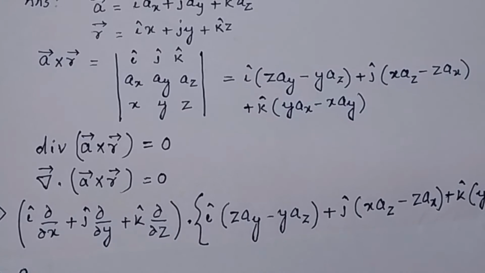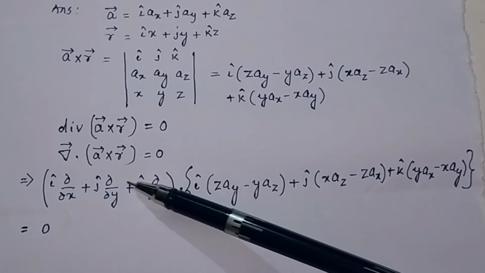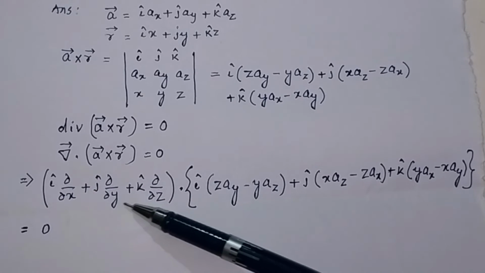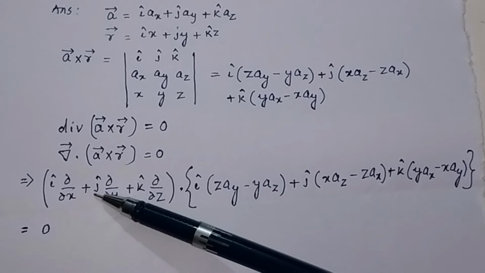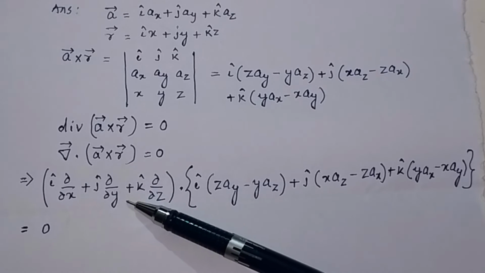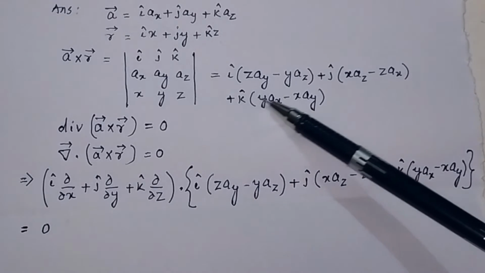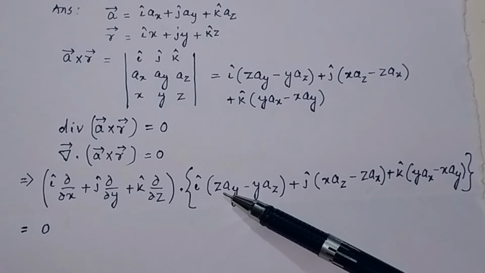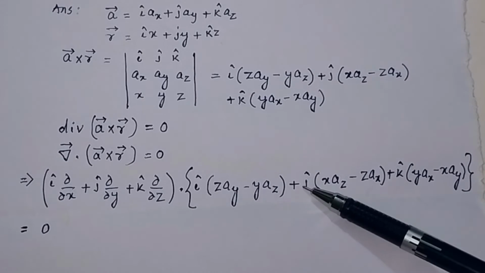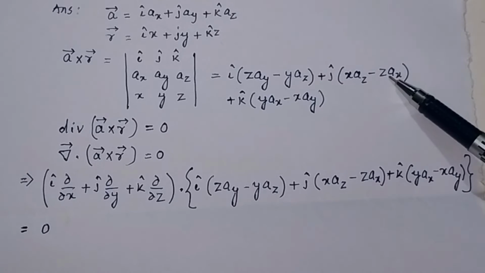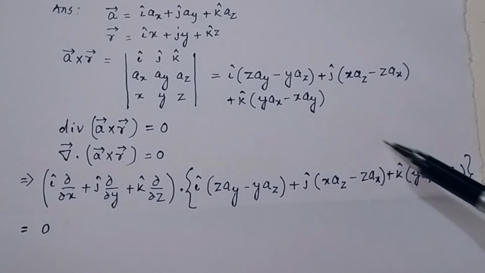And what will be the del operator, as we have defined previously, which is nothing but a vector operator and can be represented as i cap partial derivative with respect to x plus j cap partial derivative with respect to y plus k cap partial derivative with respect to z, dotted with A cross R. A cross R, this vector, is i cap (z Ay minus y Az), the ith component, then j cap (x Az minus z Ax), the jth component, and k cap (y Ax minus x Ay), the kth component.